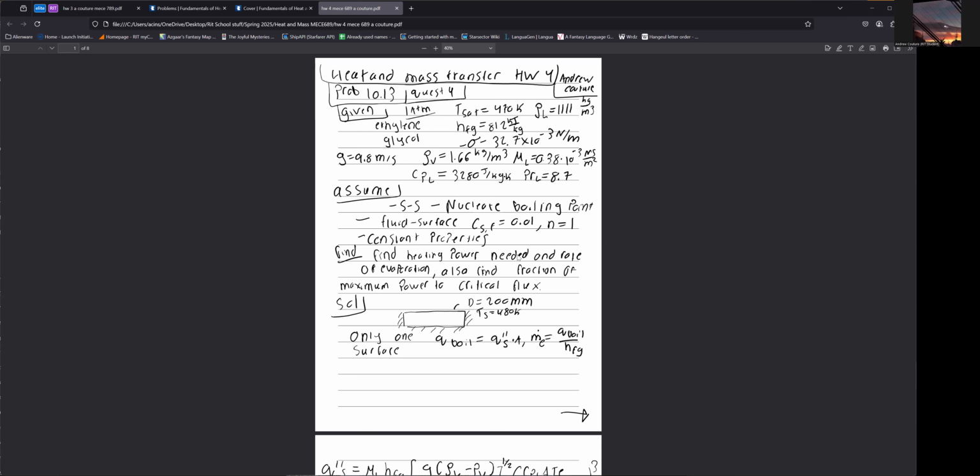There's a fluid surface constant of C_sf equals 0.01 and n of 1.